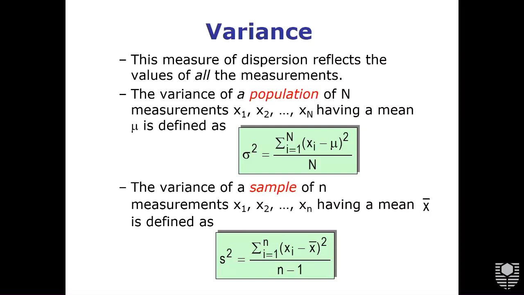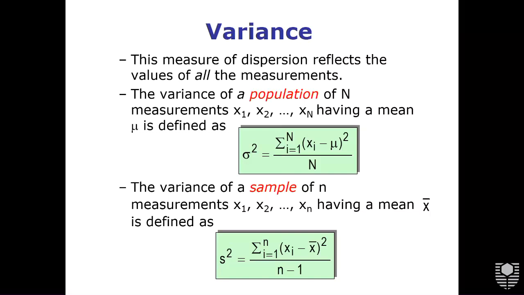You don't need to remember the formula, but you need to understand the formula and the differences between the population and sample. If you can see here, for the population, we use a Greek symbol, we call it sigma square, right? Sigma square for population.